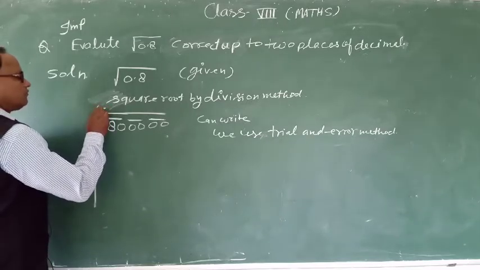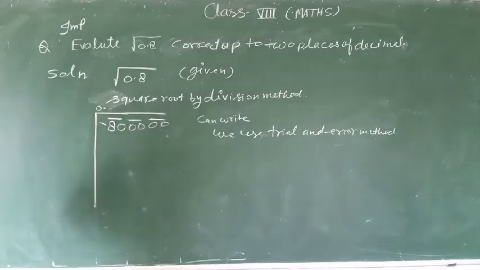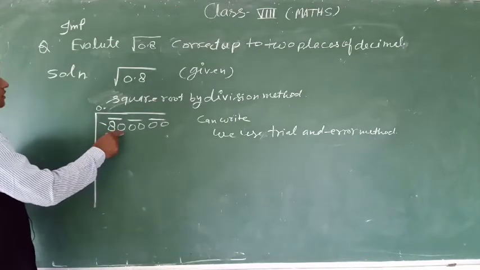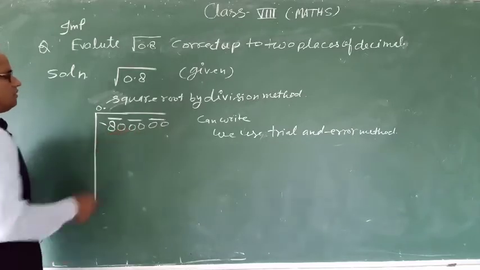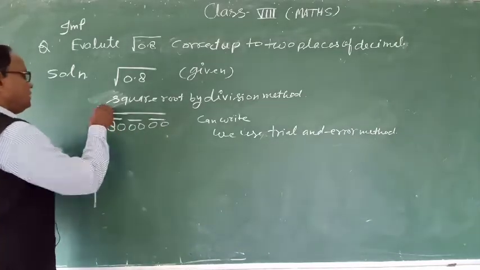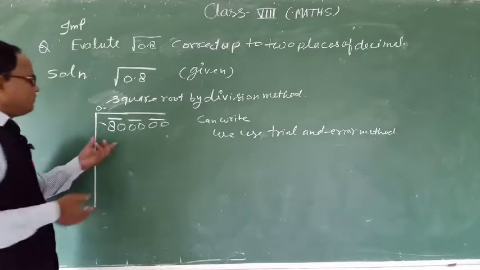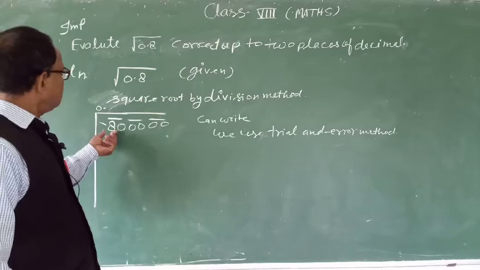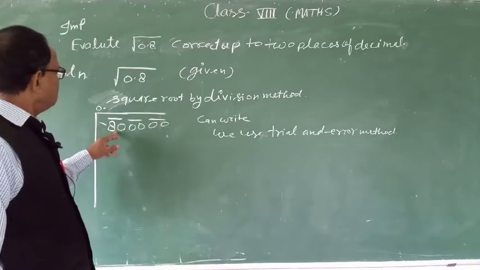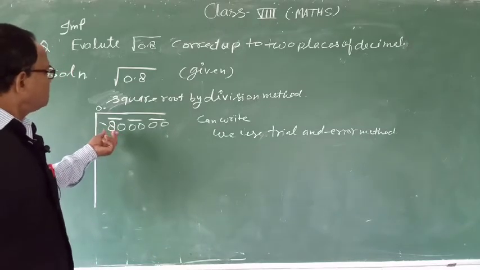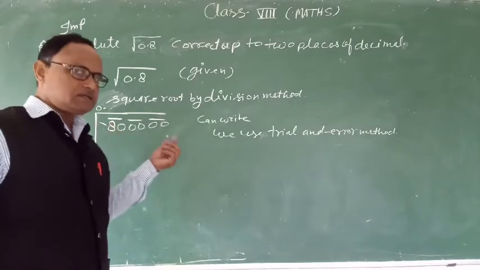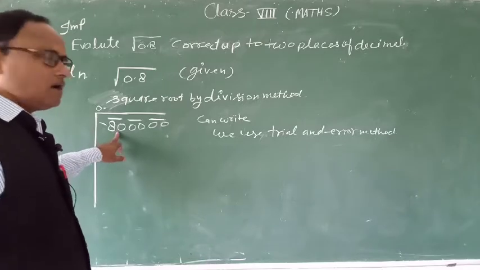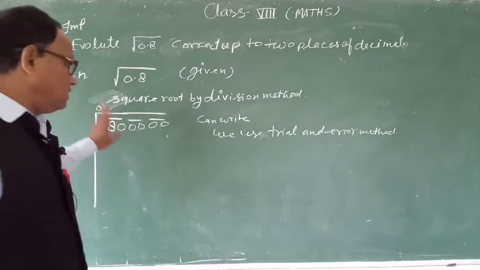Then the remaining part is free from decimal. Here, which number's square is equal to 80 or less than 80, not more than 80?